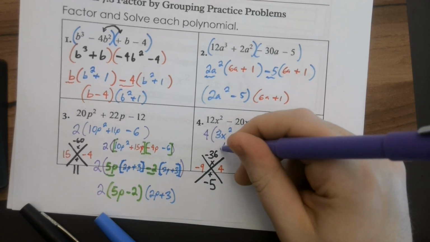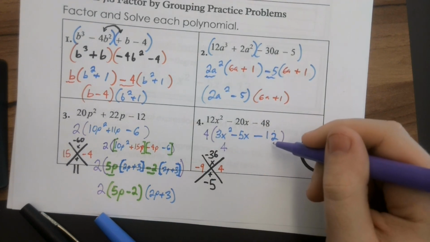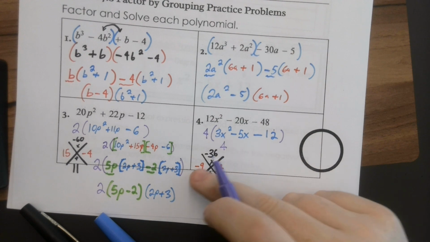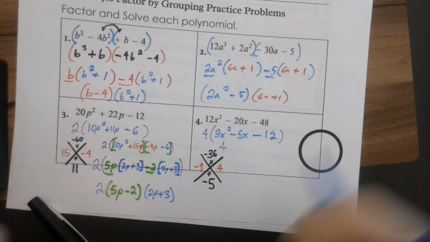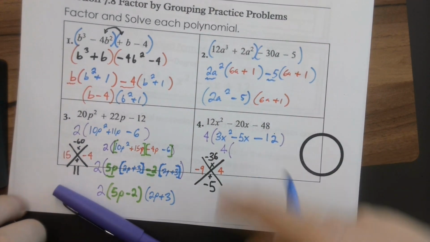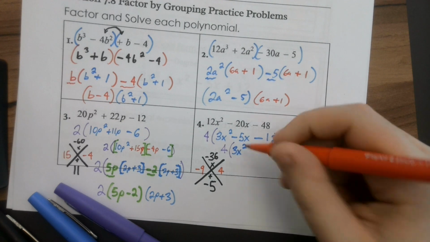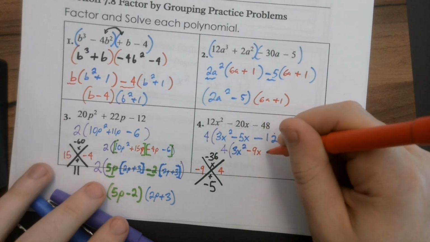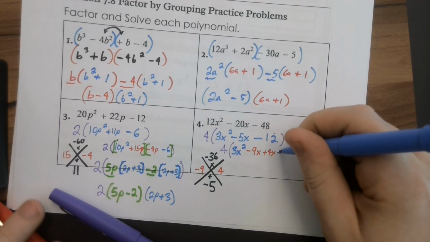So we rewrite this with our middle term changing into negative 9x and 4x. So we've still got our 4 chilling on the outside, as it always will. 3x squared minus 9x plus 4x minus 12.